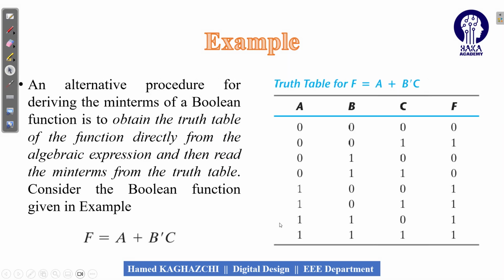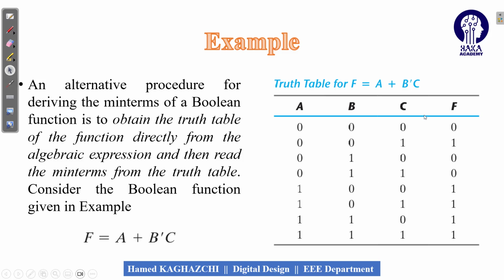Okay, now you saw that representing this function in the form of the sum of minterm is too difficult. The question is this: do we have another way to represent the sum of minterms of this function without adding the missing variables? The answer to this question is yes. How? Using the truth table.